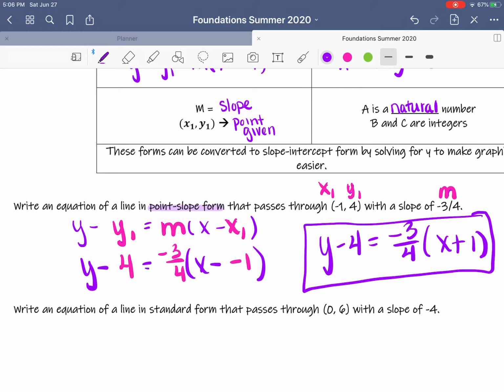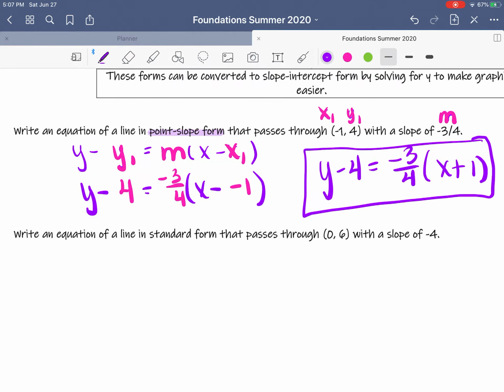It's so easy to write. It's my favorite form to use if you're writing equations, but we're going to extend that. We're going to use that to help us graph. Before we do that, we're going to write an equation of a line in standard form that passes through this point with a slope of -4. Standard form is ax plus by equals c.